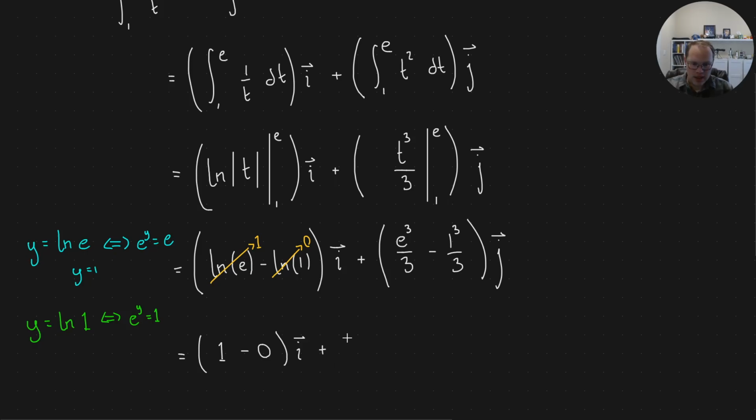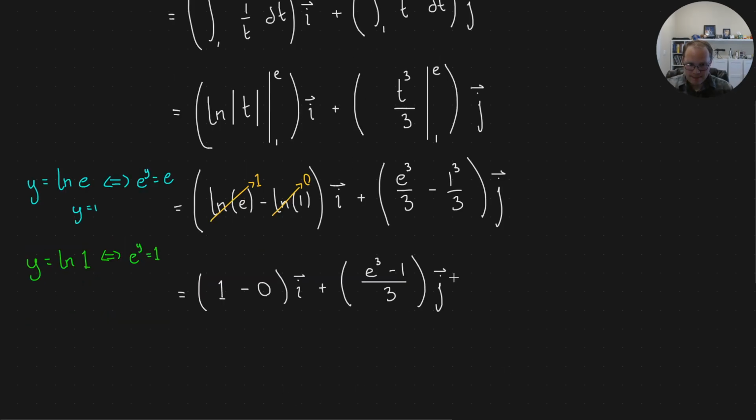Over on this side, 1 cubed is just 1, and I do have a common denominator, so if I combine the two fractions into a single fraction, I get e cubed minus 1 over 3. And so my final answer, 1 minus 0 is just 1, so I get 1i plus e cubed minus 1 over 3 j.